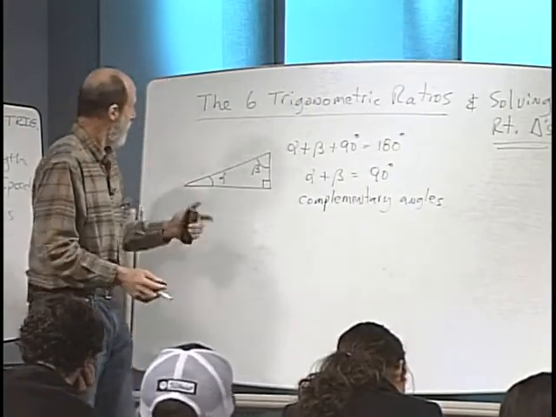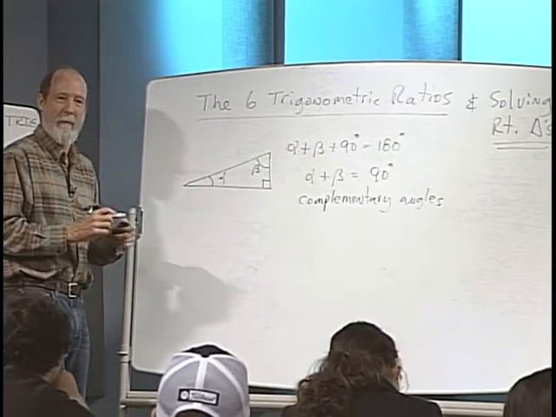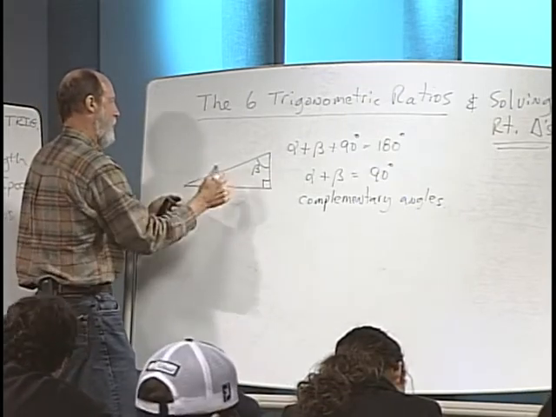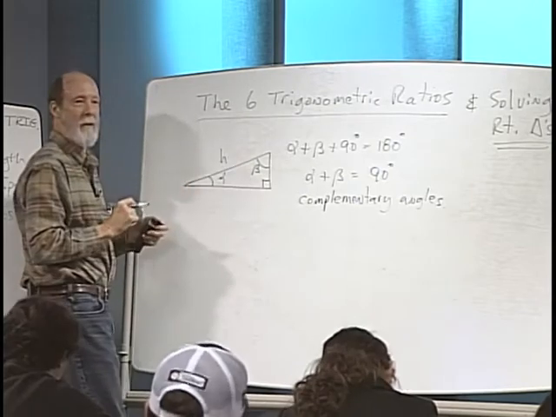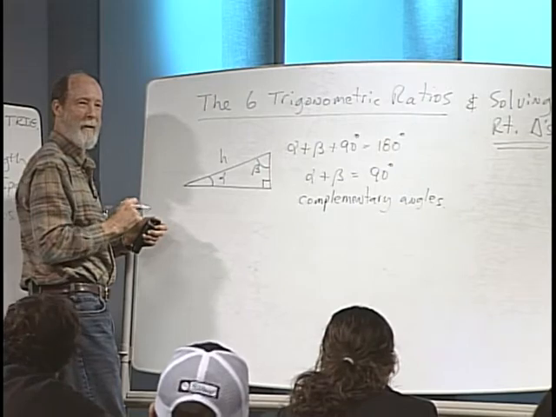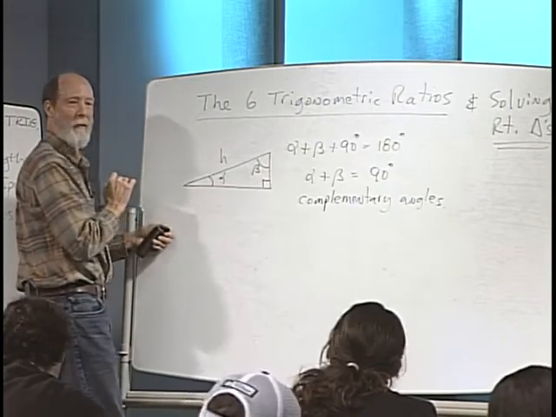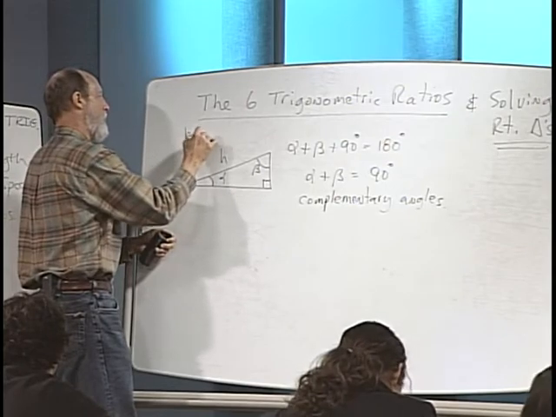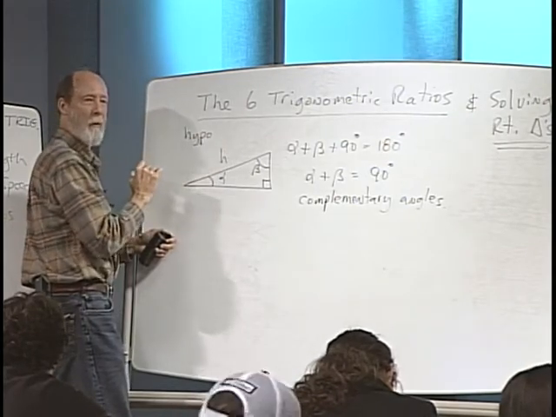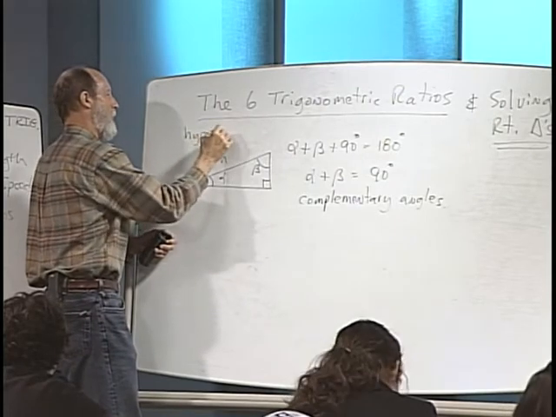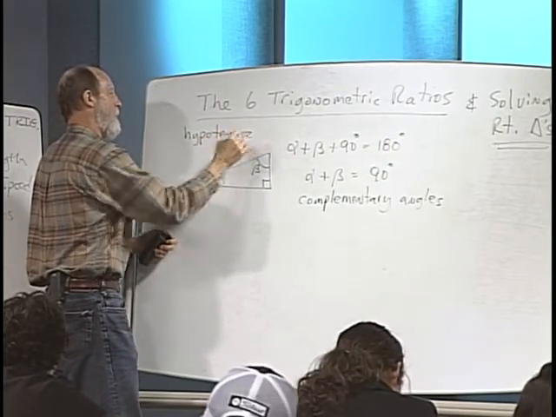Now, there are 3 sides, aren't there? I'm going to call this long side over here H, which you know is called the hypotenuse. How do you spell hypotenuse? Hypotenuse, hypotenuse. Okay?